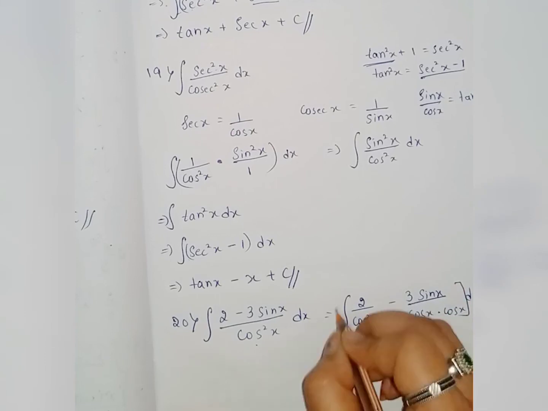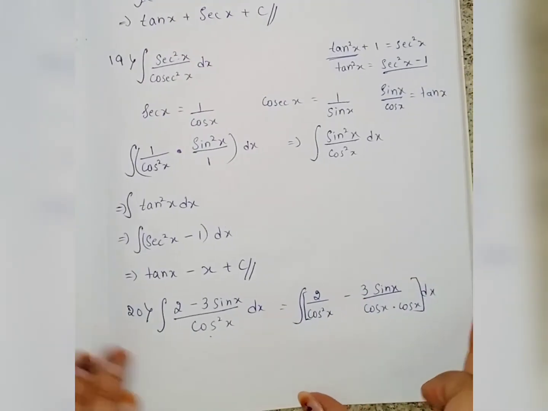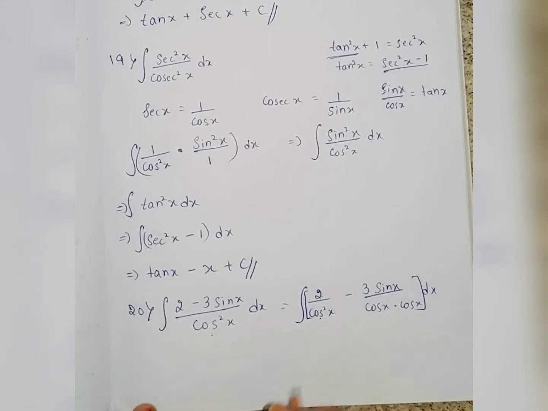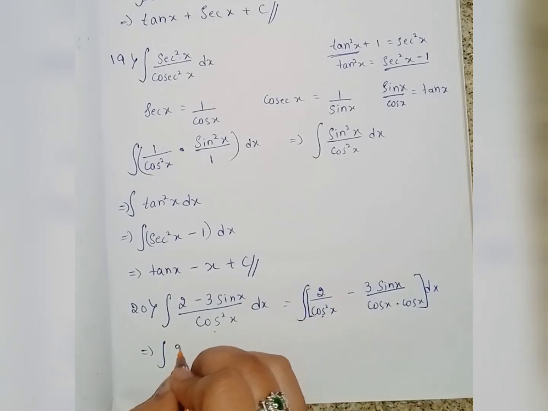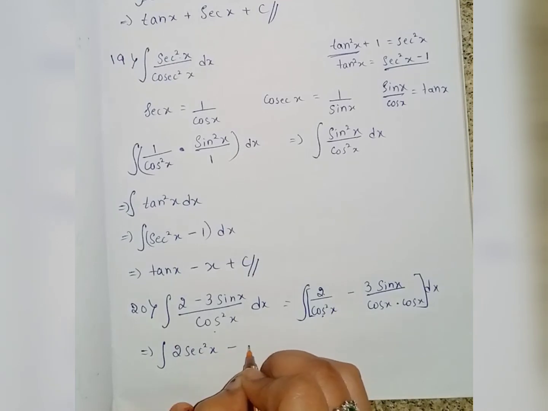Now why did I write like this? The reason is, we know 1 by cos square x is secant square x, right? So we can write this term as 2 secant square x minus 3.